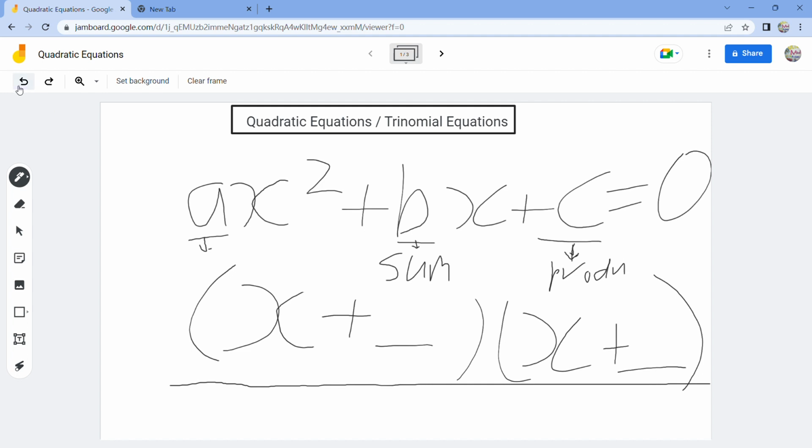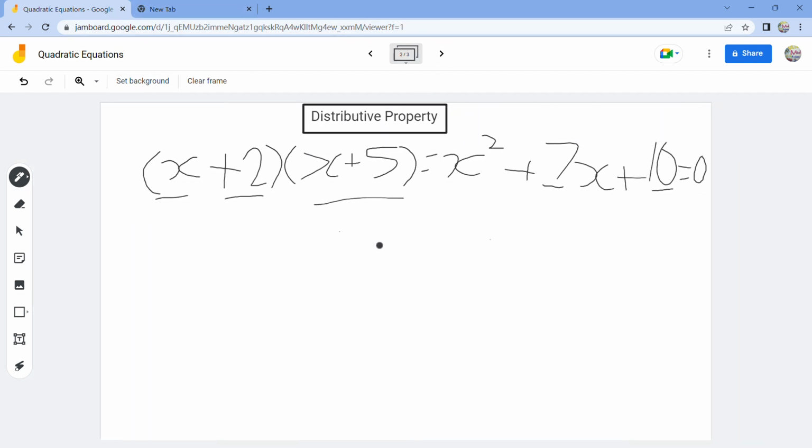Let me write down product. And a, we're going to find out later. This is the first distributive property.